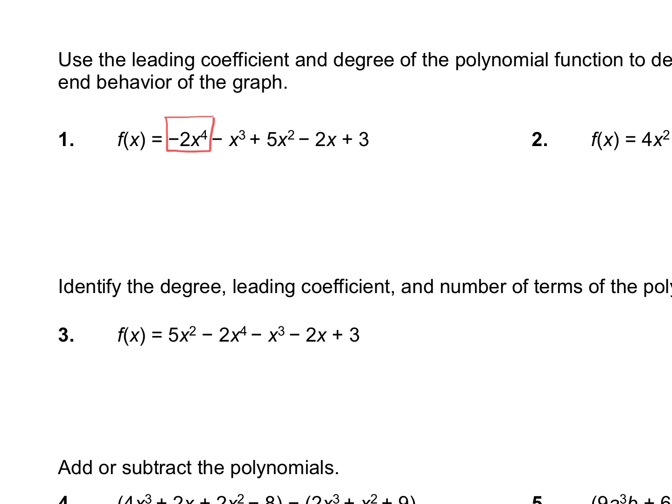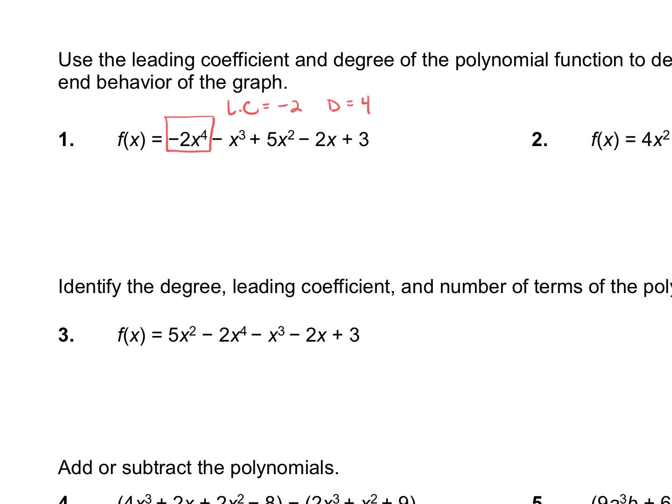So the leading coefficient is a -2, and the degree is a 4. So leading coefficient is the coefficient of your leading term, and the degree is the highest exponent, so in this case, a 4.